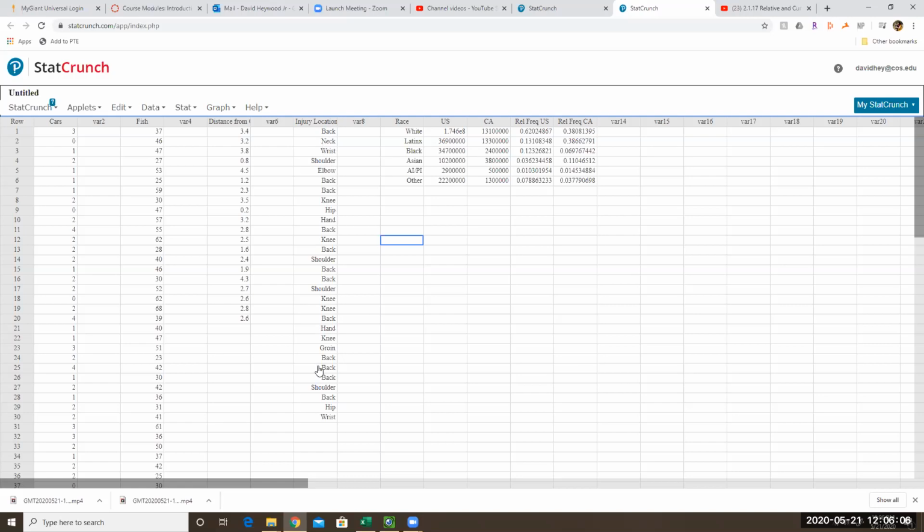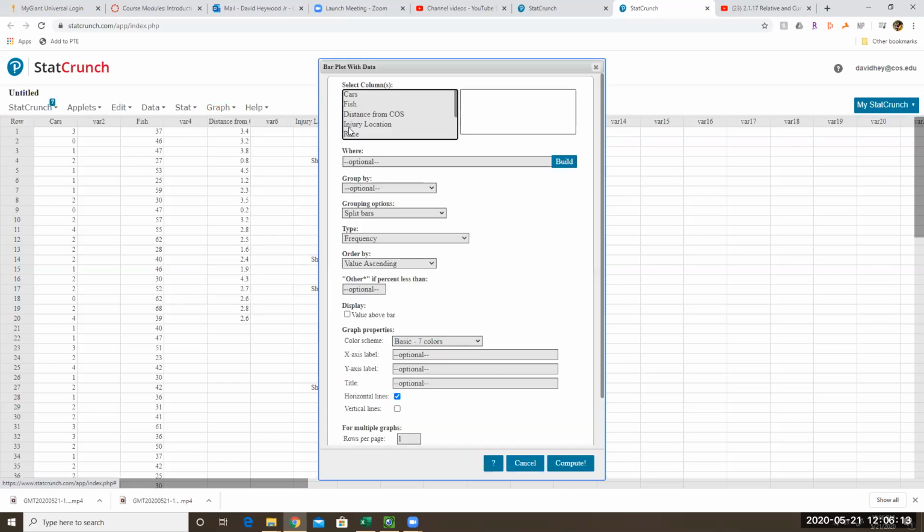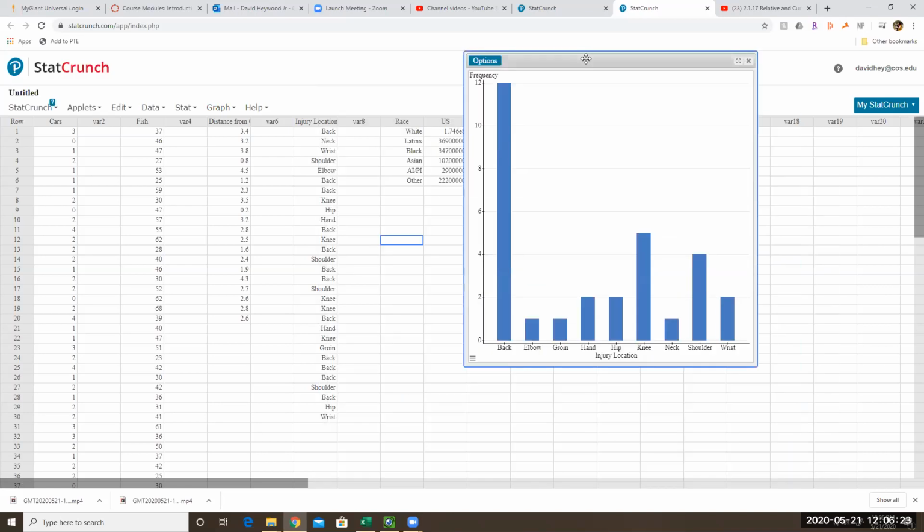It's not a summary of the data. It's just the raw data itself. So I would say Graph, Bar Plot, With Data. And then I'm going to say injury location, and then hit Compute. And so then it gives me a nice bar chart.